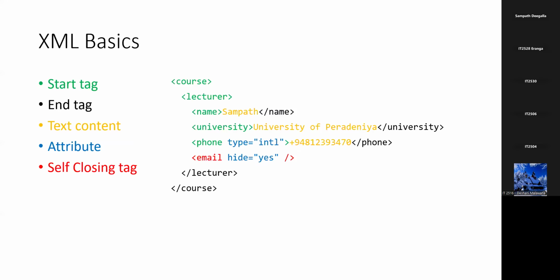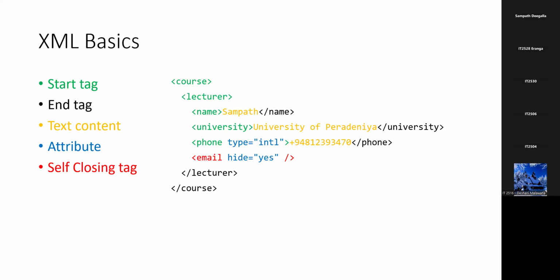Now, one thing to note when you talk about XML tags when you're defining, you will have a kind of a structure. So I have highlighted various different parts in the simple XML document.